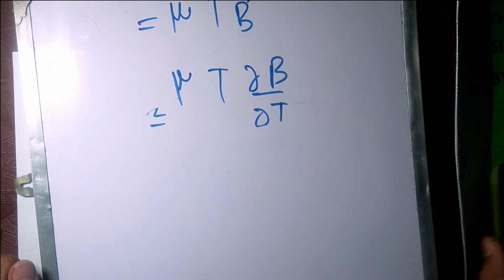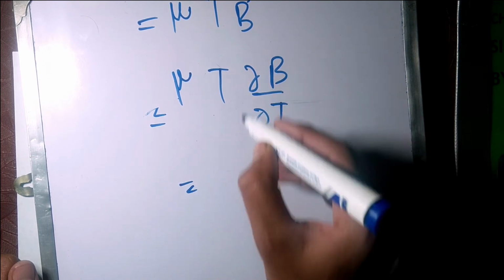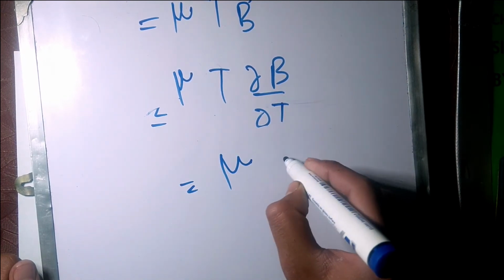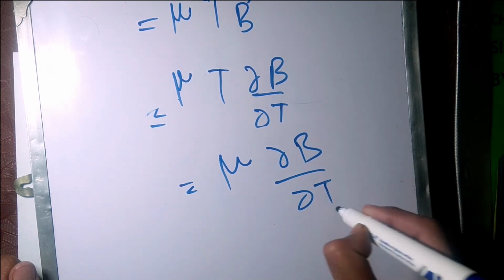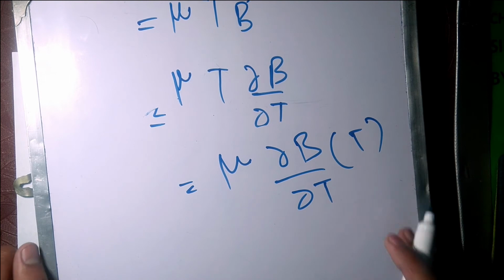The equation could be written like this: mu partial B by partial t into T. This T could be equal to this term.